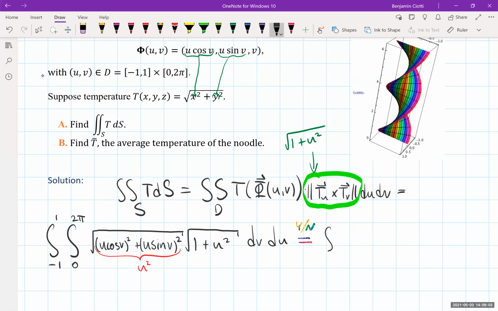Is this equal to the integral from negative 1 to 1, 0 to 2 pi, of u times the square root of 1 plus u squared dv du? Yes or no?